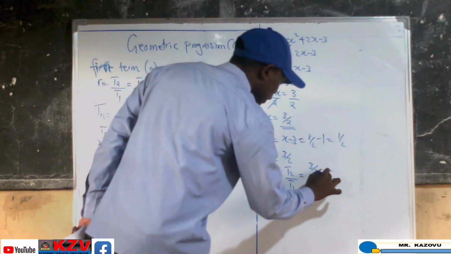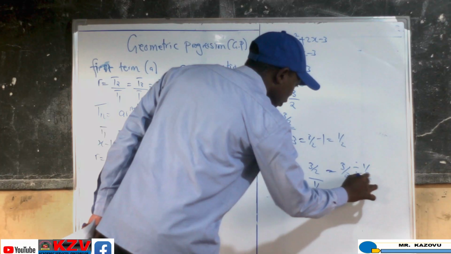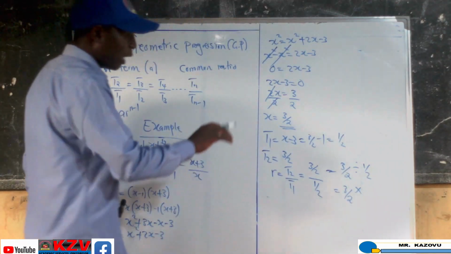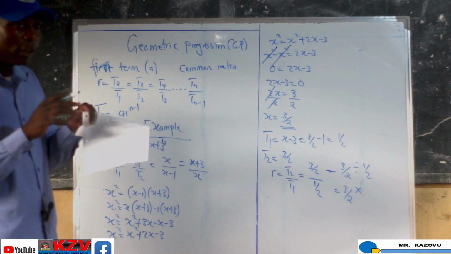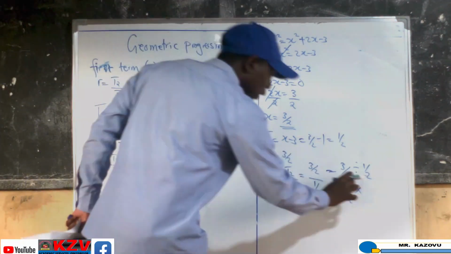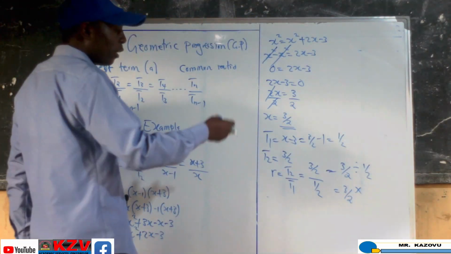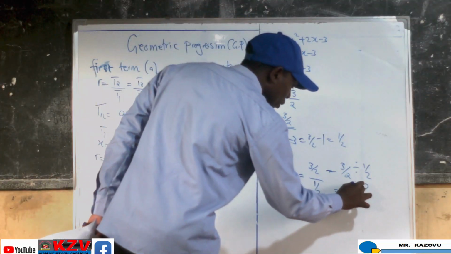Now, this is the same as saying 3 over 2 divided by 1 over 2. Implying that we have 3 over 2 times, because we are changing the operation. There is division there. So when I put multiplication, it means I'm also changing this 1 over 2. I'm going to write the reciprocal of 1 over 2. What is the reciprocal of 1 over 2? 2 over 1.